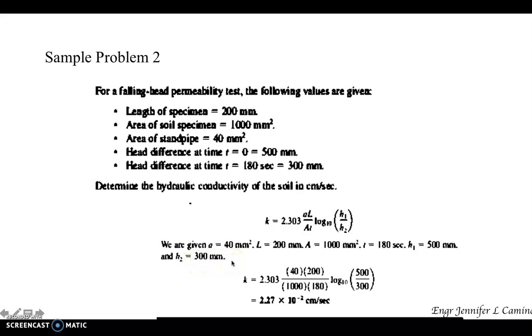From here, we can simply substitute our given parameters into this equation, and we get our K, which is 2.27 times 10 to the negative 2 centimeter per second.